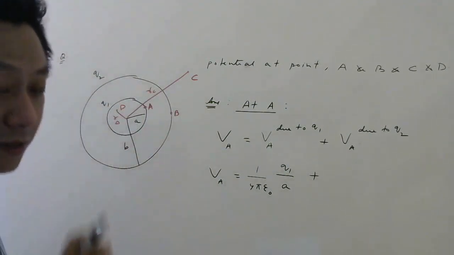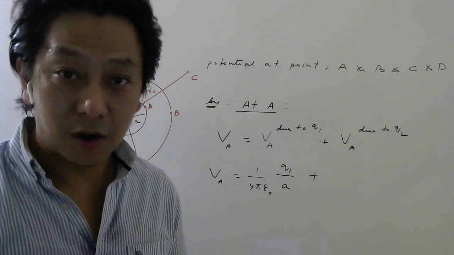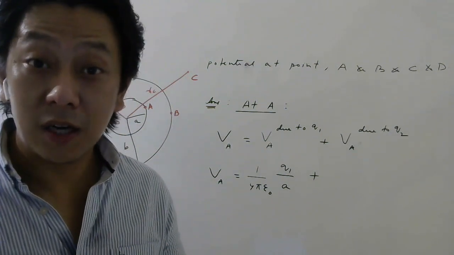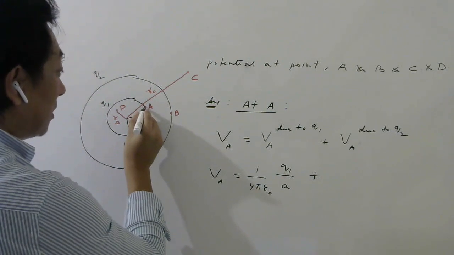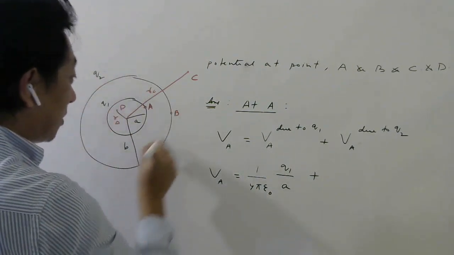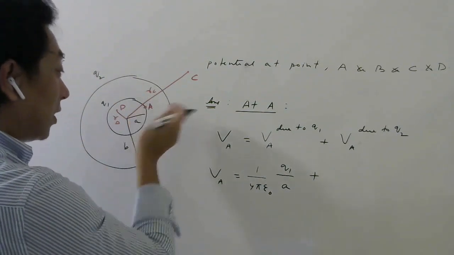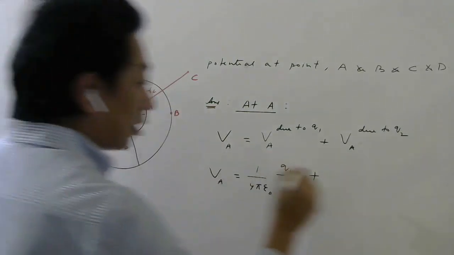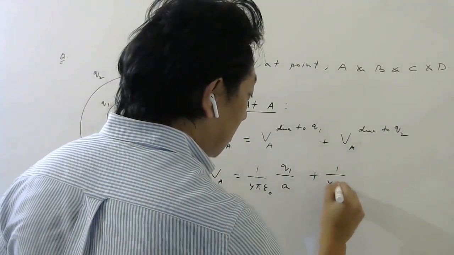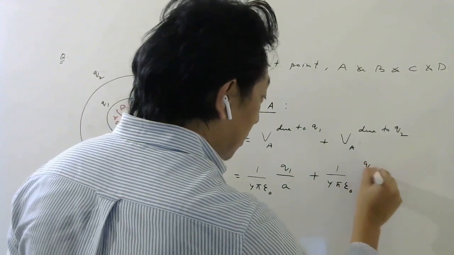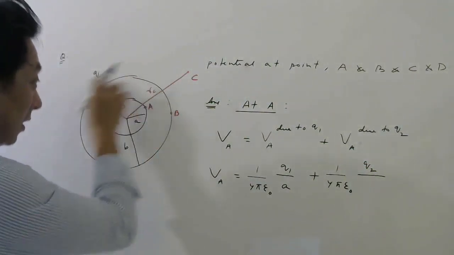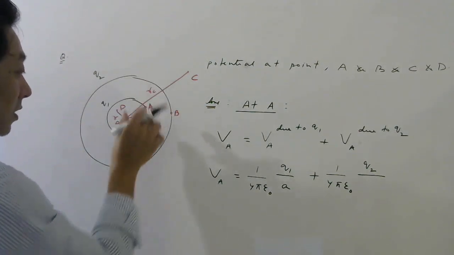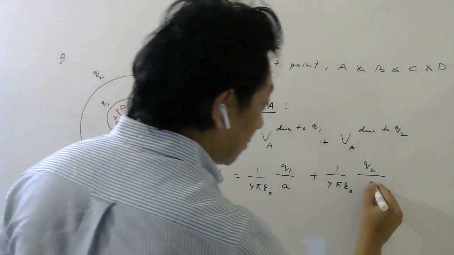And inside the shell, as I told, potential is constant and will be the same as on its surface. So how much will it be? 1 by 4 pi epsilon naught Q2, because I want due to this charge, divided by the radius of this shell, which is B.